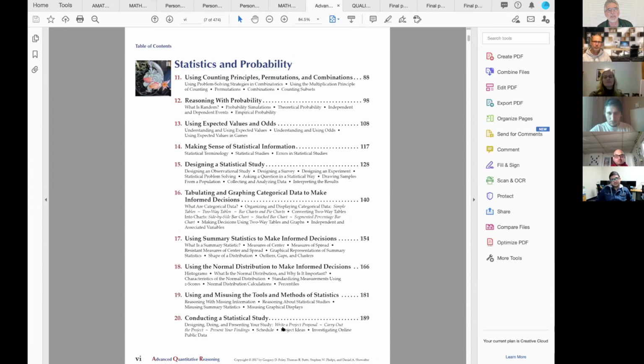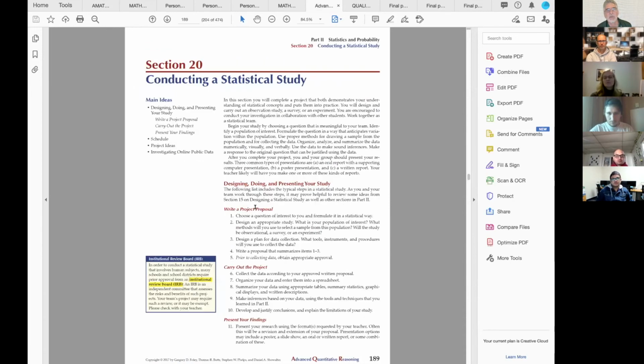So rather than the kind of content that would be in a normal introductory stats course, the focus is much more on developing the skills to actually carry out a study. It talks about writing a project, designing and carrying out the project, and presenting your findings. So there's much more support for that sort of thing in the textbook.